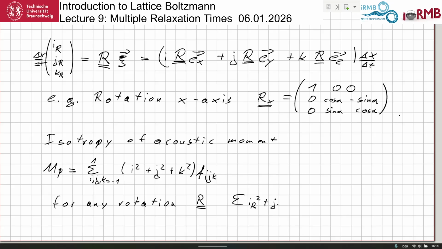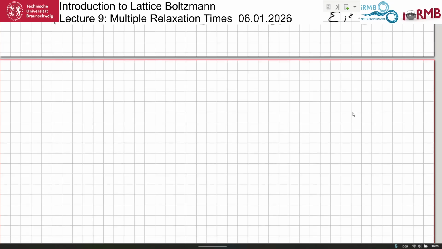This thing here will be the same as this here, and therefore this thing will be isotropic.